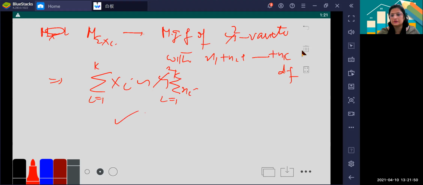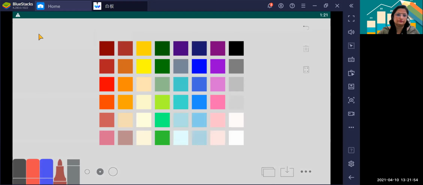The converse is also true. Converse of the theorem is also true.